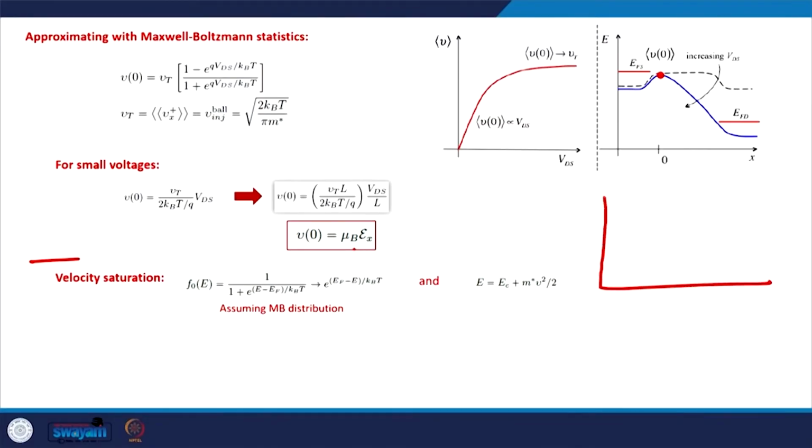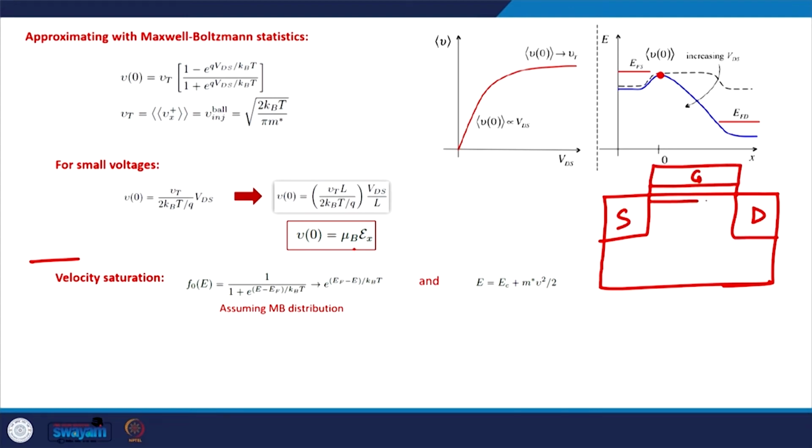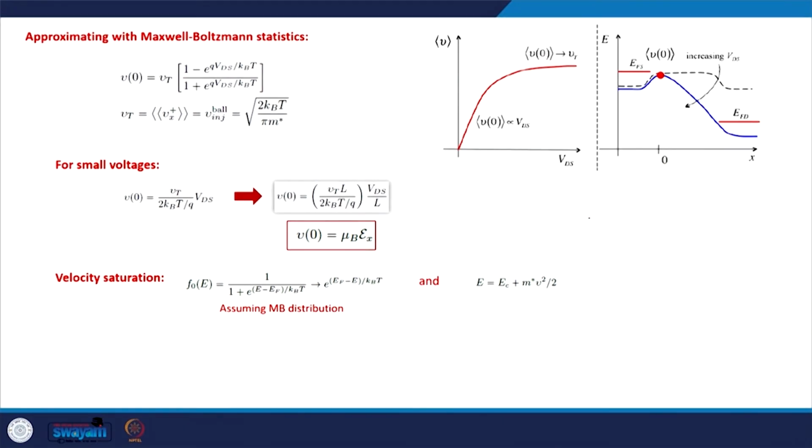In an actual MOSFET, the source and the drain are there, even the gate is there, and there is a small channel region here which is just like a 2D device. This channel is almost like a 2D channel. So that's why most of our analysis, which is for a 2D channel, will hold true in this case.